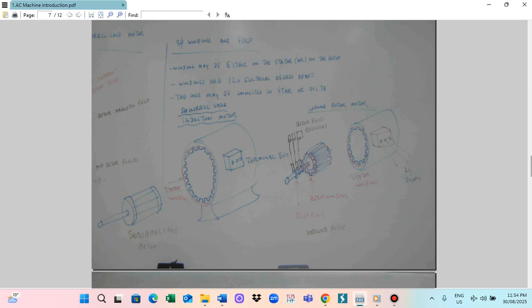And also there is the rotor winding here.